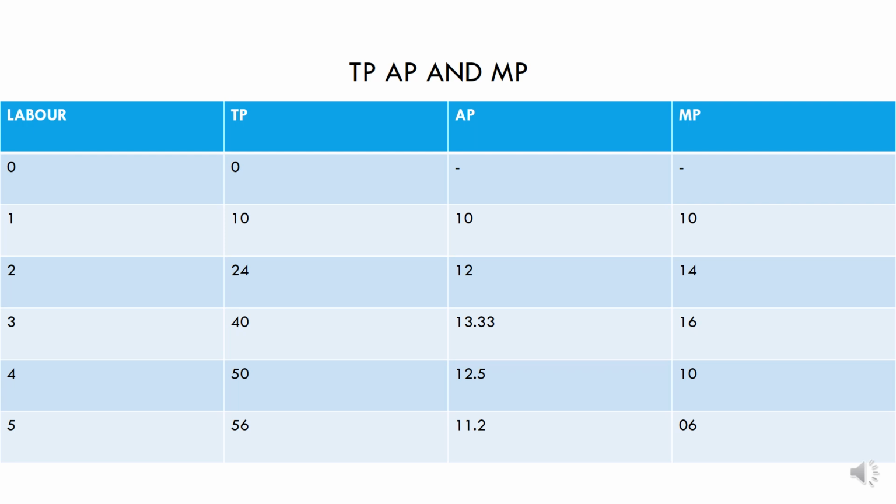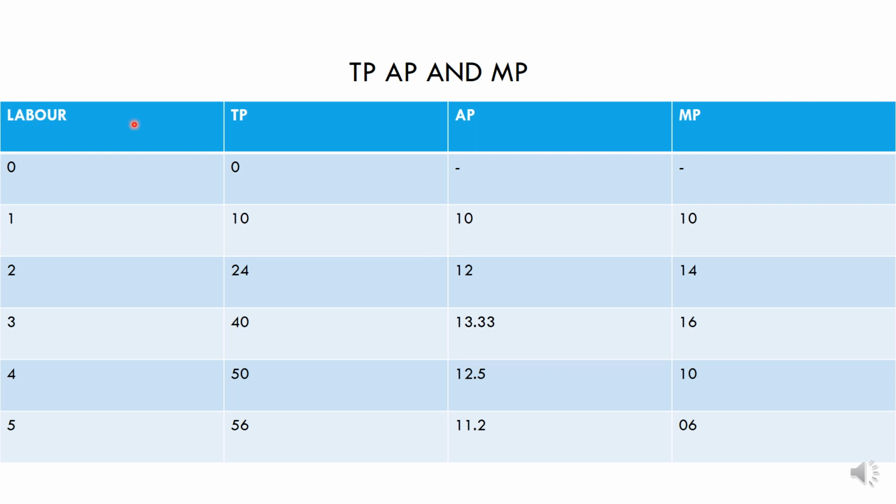The concept of TP, AP and MP can be explained with the help of a table. You can observe in this table we have taken total product, average product and marginal product. All these three things are the output and we have taken one input, that is labor.